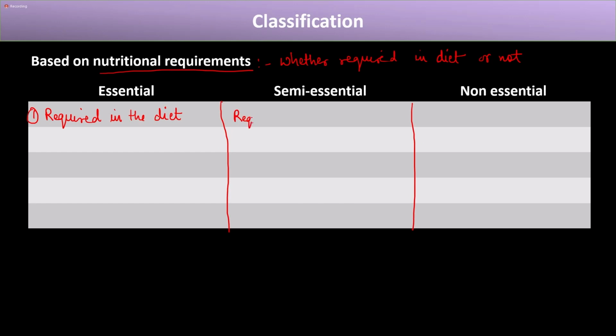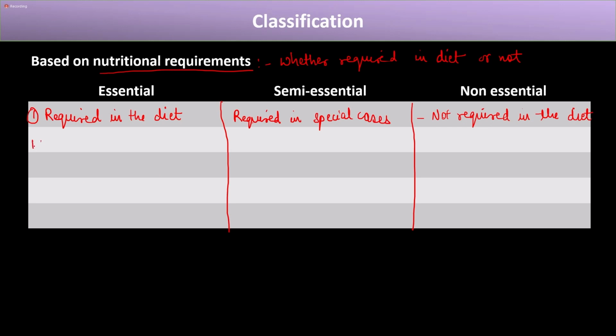We'll see what the special cases are. And non-essentials means they are not required in the diet. If they are not present in the diet, it's fine.